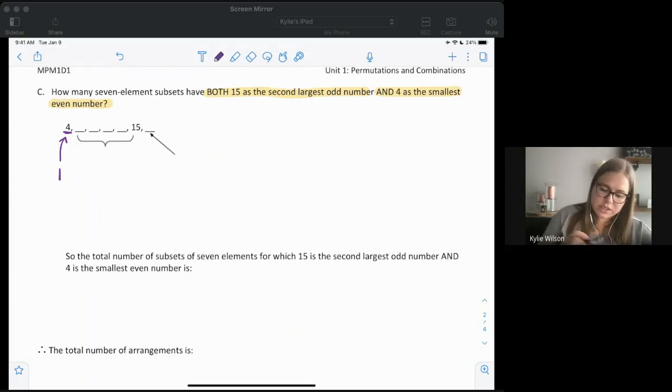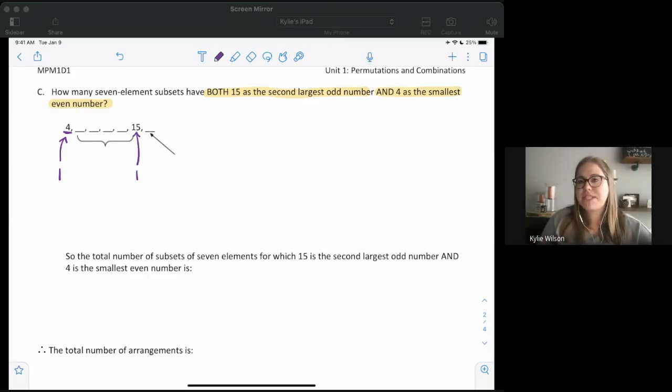Now let's look at the last spot. One trick to these is to look at the spots that have more restrictions first. That way we can understand what must go there and then fill in the spots that have fewer restrictions. So here, there's only one way to ensure that a 15 goes there.